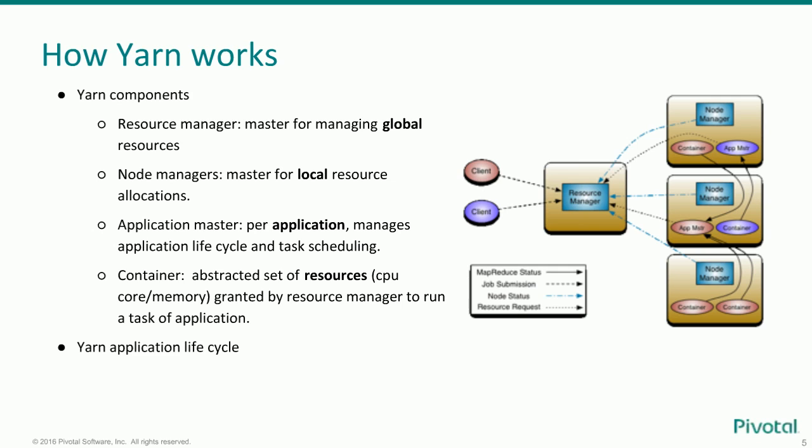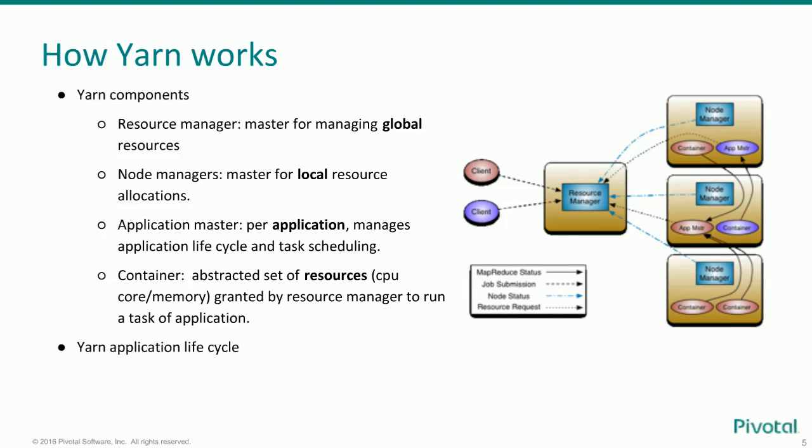The application master, there's one of these per application, and it really manages the life cycle of that application. When I spin up an application to run leveraging YARN, I get an application master, and it's going to schedule the tasks into containers in the system.